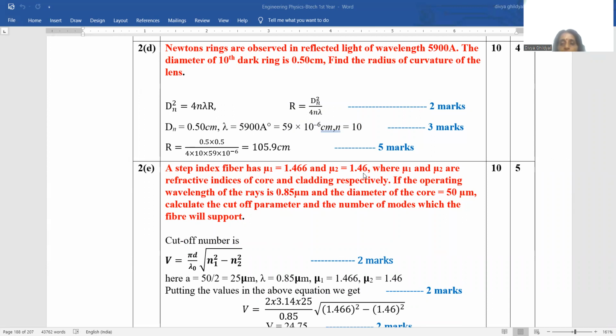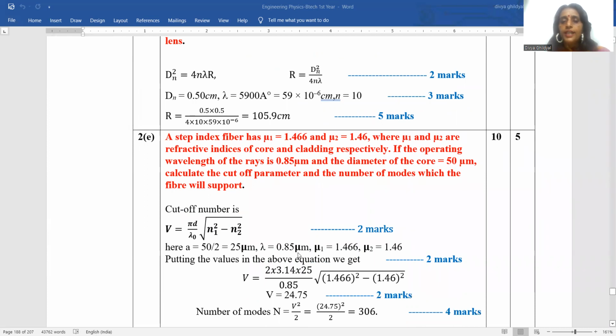If the operating wavelength of the ray is 0.85 micrometer and the diameter of the core is 50 micrometer, then calculate the cutoff parameter and the number of modes which the fiber will support.